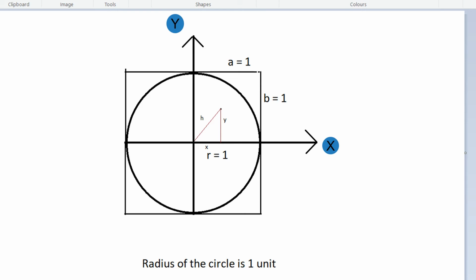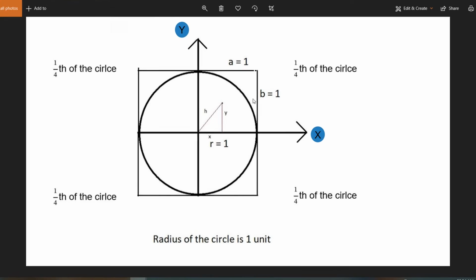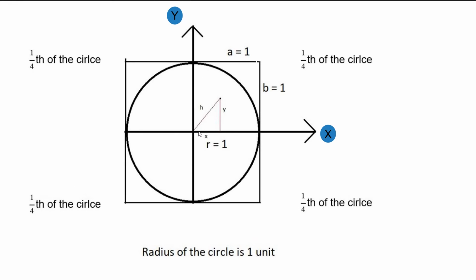So basically we are calculating the area of this part of the circle. This part is 1/4 of the circle. So we will have to multiply by 4. Whatever we get from this part, we will multiply by 4. Then we can get the area of the circle.